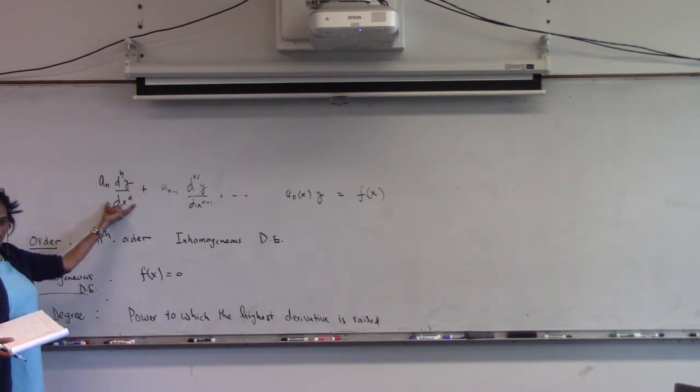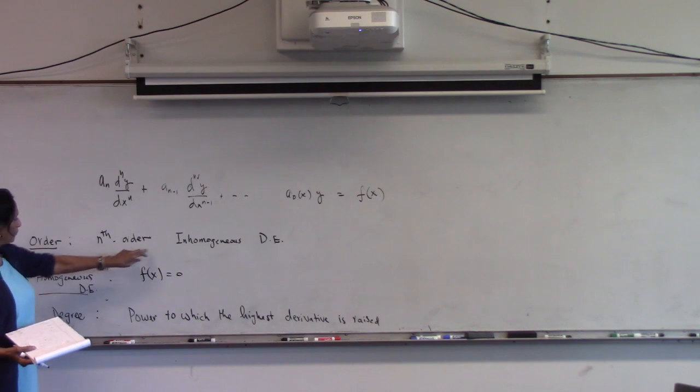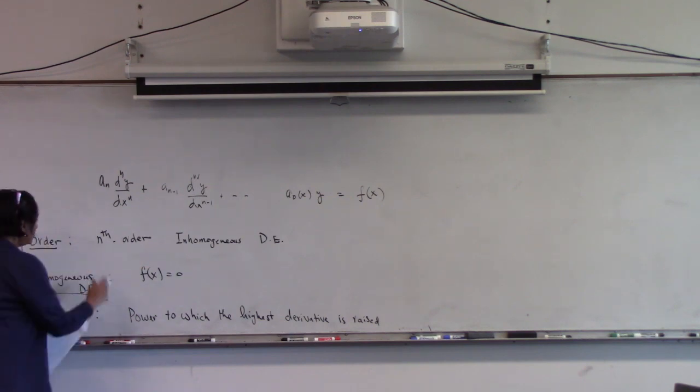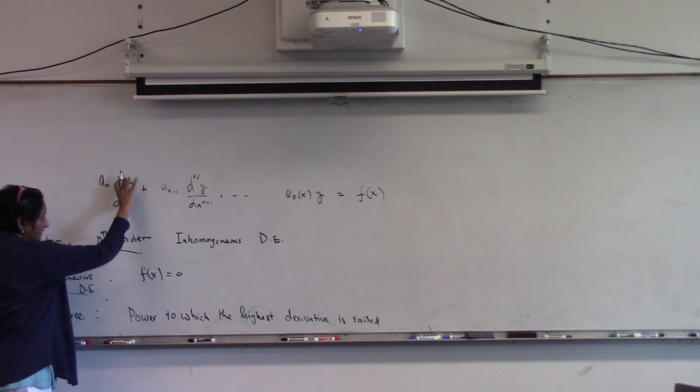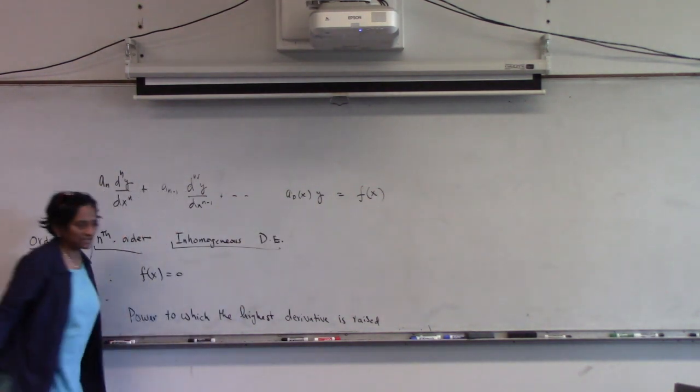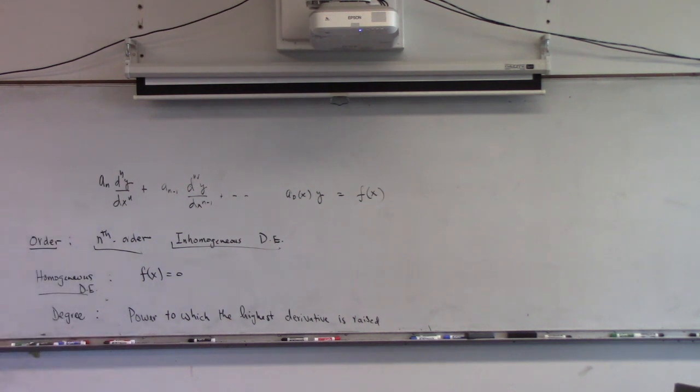So what is this equation, this nth order? What more words can I add here? We have nth order, which defines the highest derivative of y with respect to x. Inhomogeneous defines that my right hand side is not 0. What is the degree of this differential equation? 1.